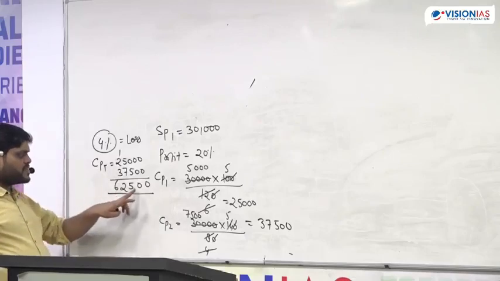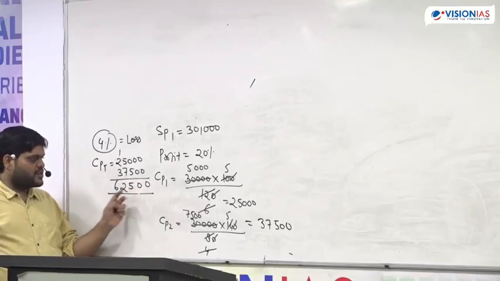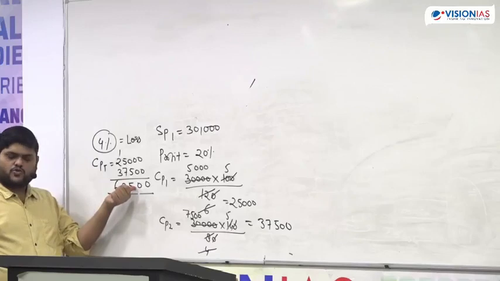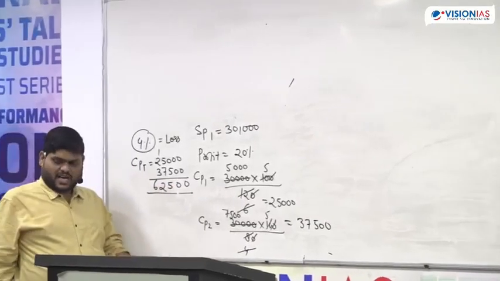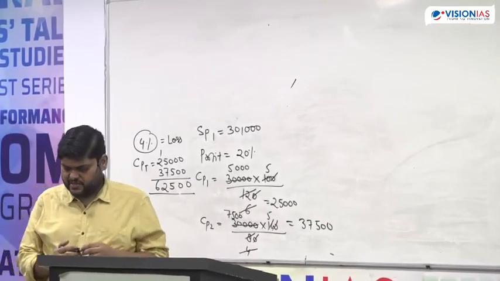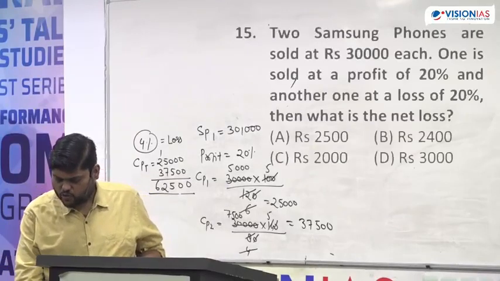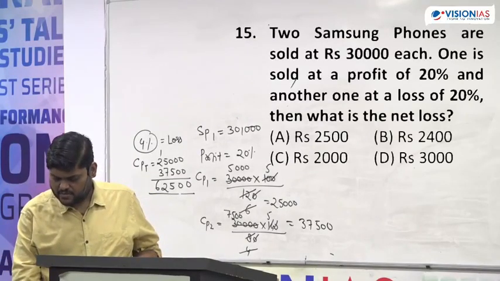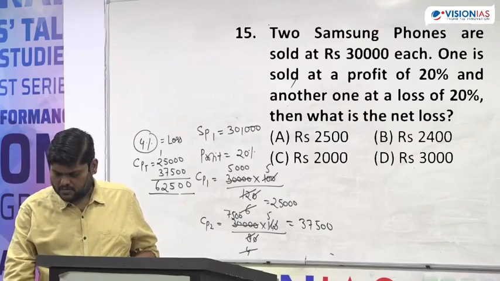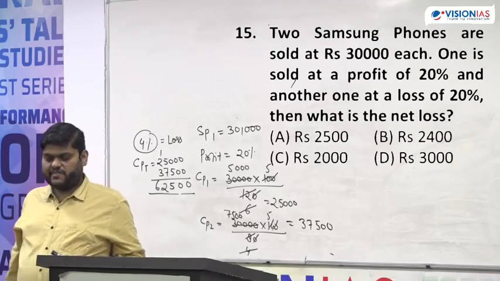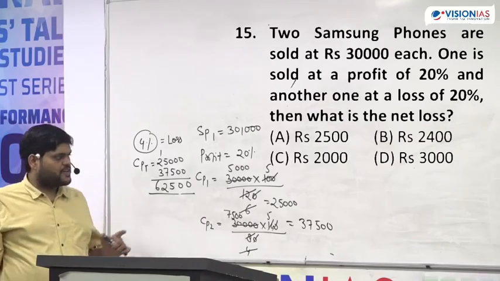Simply find out the 4% of this number. You will get your answer. 10% becomes 6,250, 20% the answer will be 2,500. The answer will be A, 2,500.